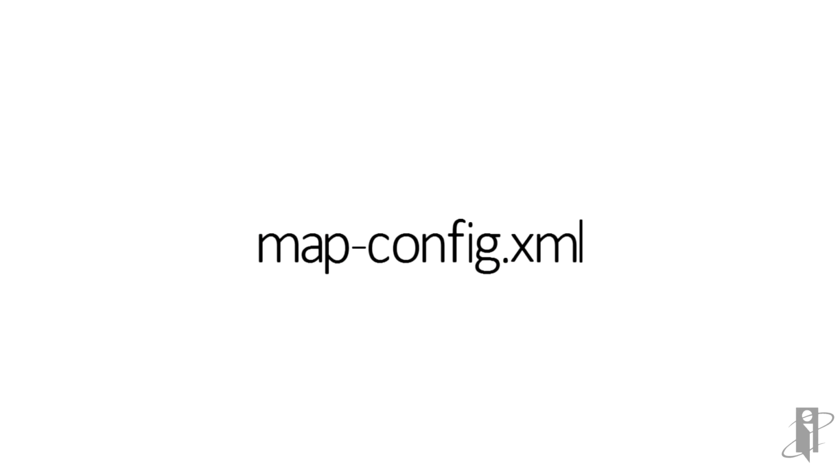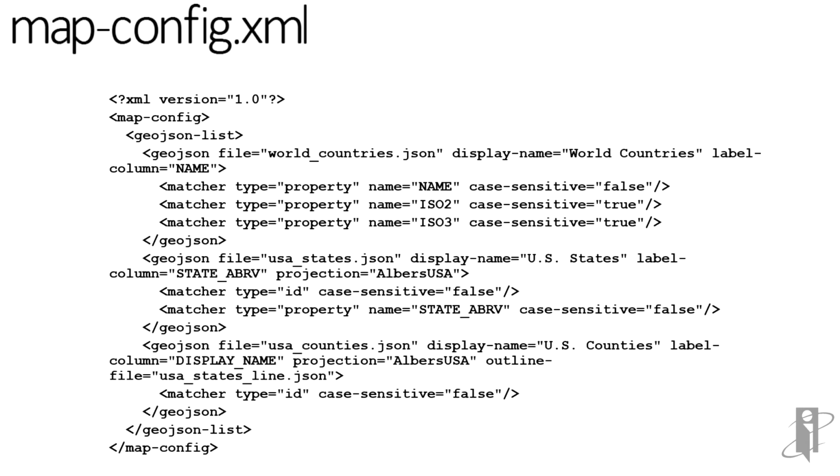The map config file in the base install looks something like this. We have the world countries and the respective JSON file for that, the tags for linking, then we have the US states, the type of projection, its tags for linking, and in this case we're going to be linking on state abbreviation from the data to the JSON file, or to the map.